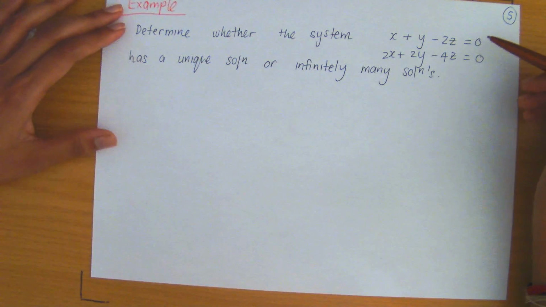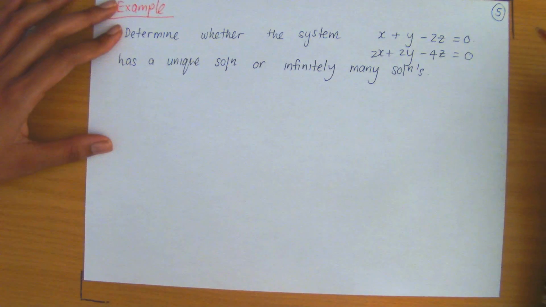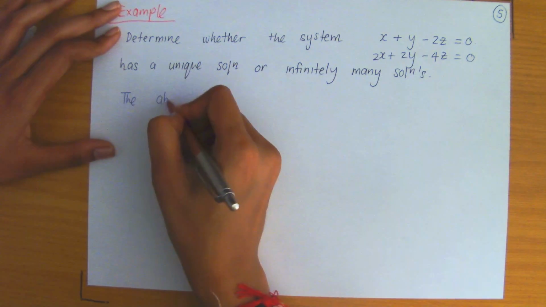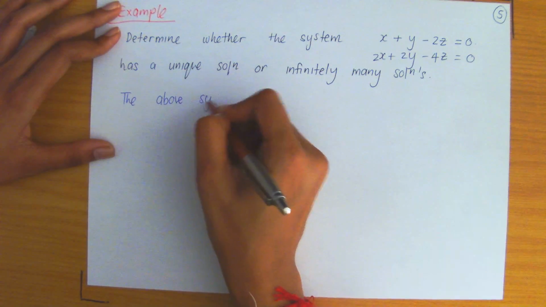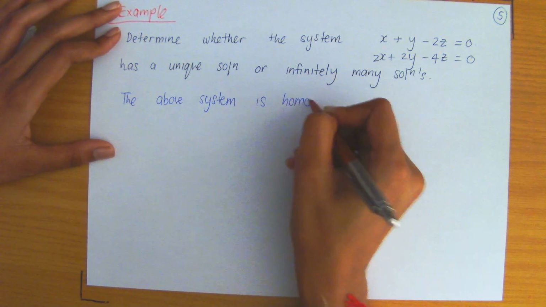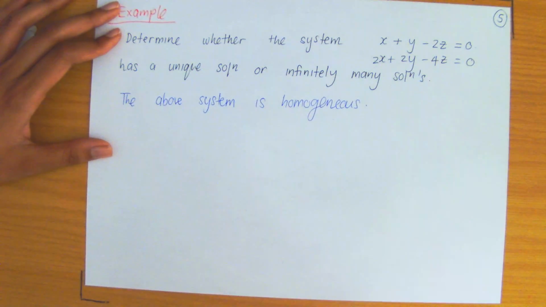We notice that this system is definitely homogeneous because both the constants on the right-hand side are 0. So the above system is homogeneous, and we can apply those results.